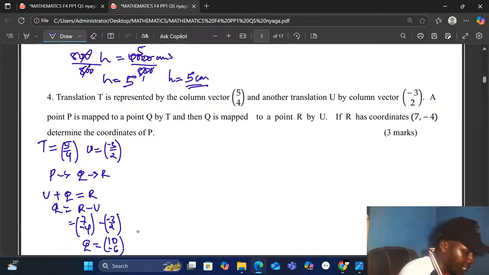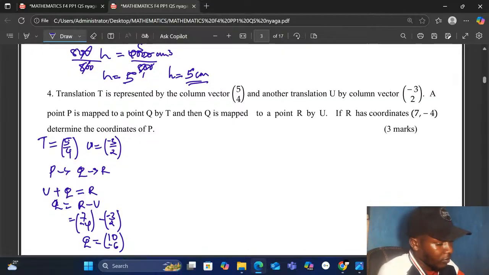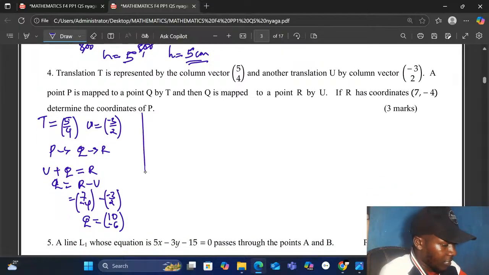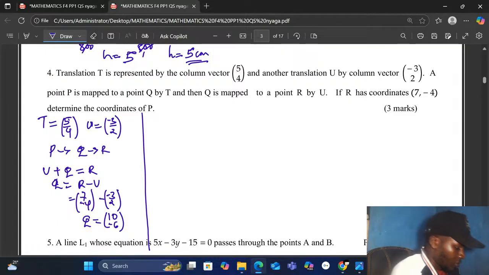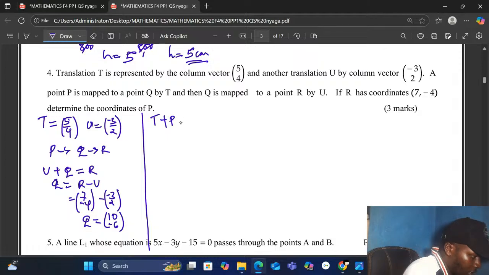So that is the vector Q. Now T plus P gives us Q, and that P will be equal to Q minus T.